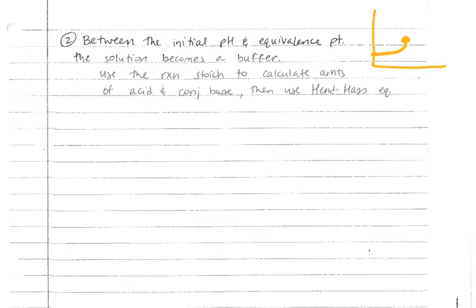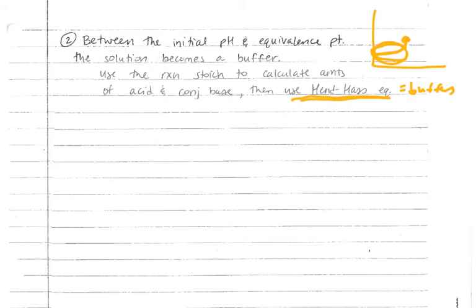We figured out how many moles of acid and how many moles of base we had, and whichever one was in excess, we figured that out. But the interesting thing with a weak acid and strong base is that in this zone here, it has a slightly different shape because it acts as a buffer. There's sort of a buffering capacity in this stage. So in order to figure out the pH, we have to use the Henderson-Hasselbalch equation, which is the equation that we use for the pH of buffers.